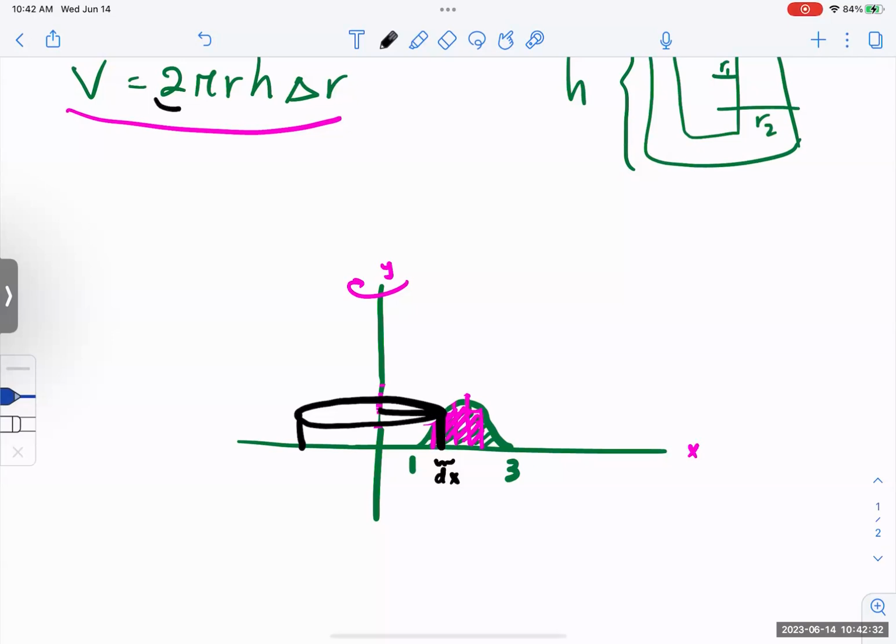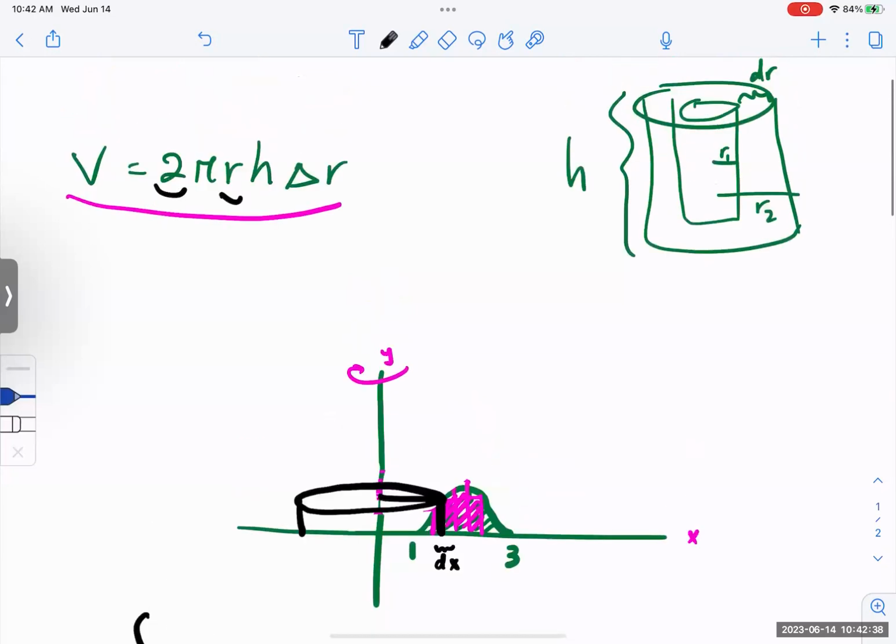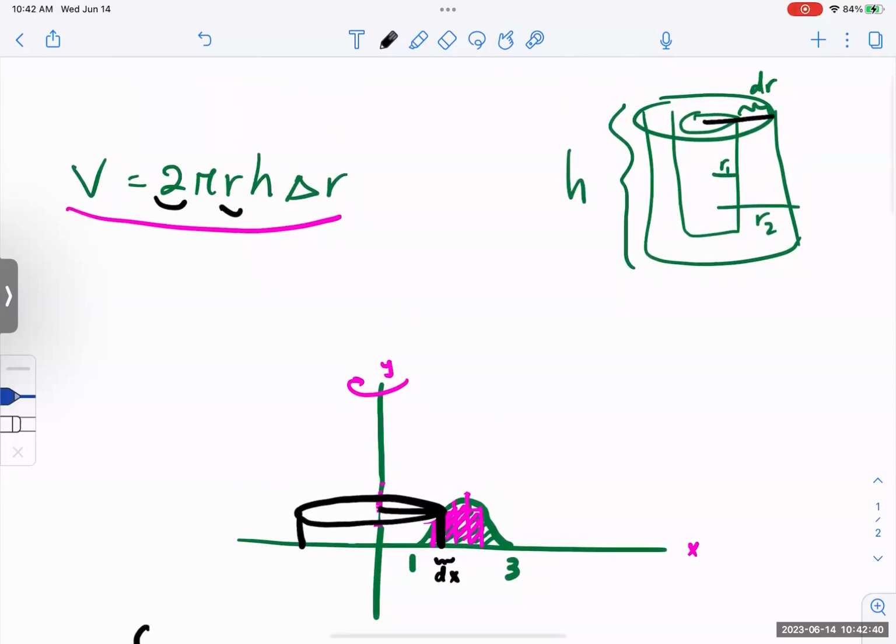So you have the integral of 2 pi, that's always there. R was the radius, the average radius of these two. Let's say that is R, the radius of the whole thing, since this time R1 and R2 are very, very close to each other.